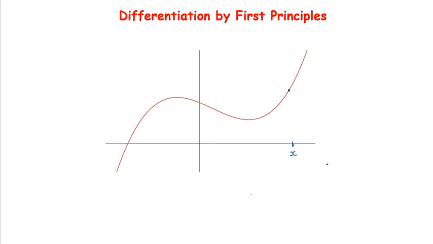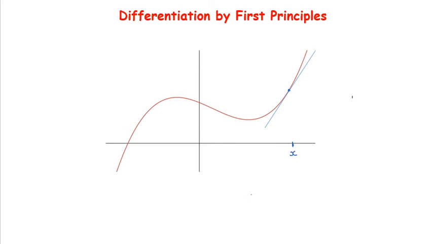Bear in mind that when I ask for the derivative, what I'm asking is if I was to draw a tangent line to this graph, so I'll try that the best I can. So if I was to draw a tangent line like so, it's a line that just glances the function at that point and that point only. When I differentiate, what I want to know is what's the gradient of that tangent.